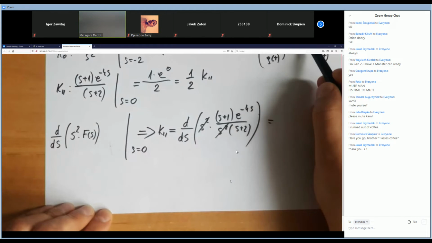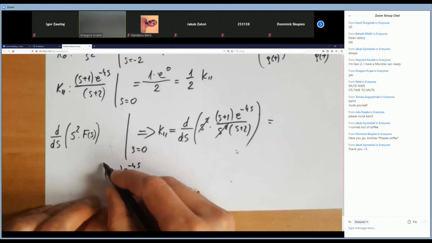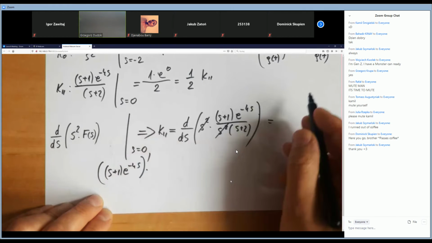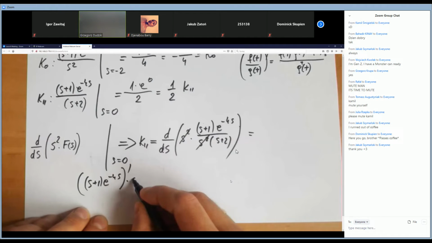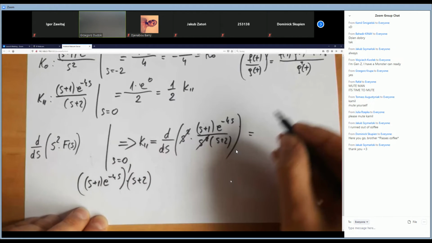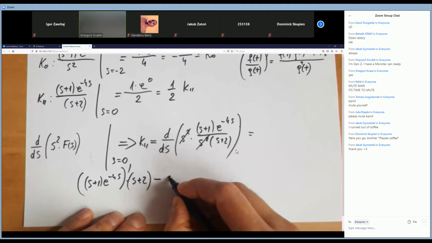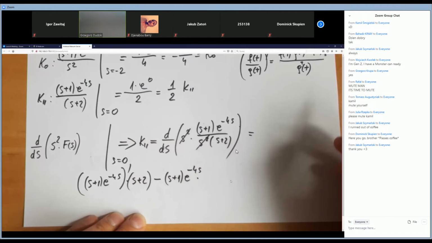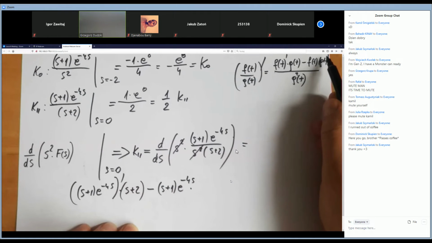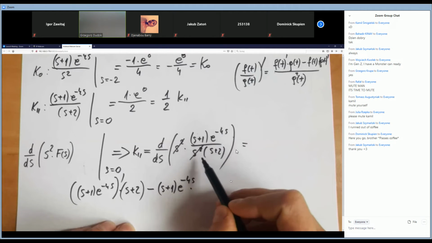It is f(t) prime, so it is the (s plus 1) e to minus 4s prime, times g(t), which is s plus 2, minus our function f(t), the (s plus 1) e to the power of minus 4s, times the derivative of the g(t) function, of course g(s) here, which is s plus 2.